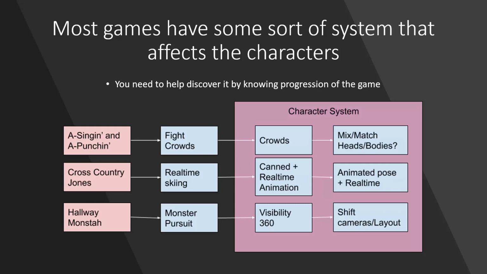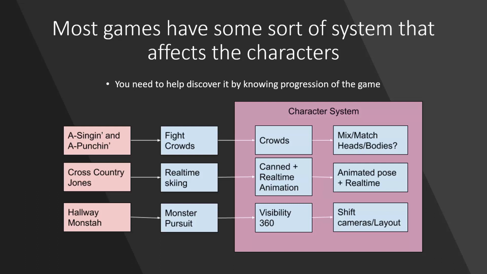Aha, well, it's cross-country skiing. Well, then we have a composite of canned animation in the upper torso and real-time calculation of the terrain from the torso down. So animated pose plus real-time. Those tests need to be in the game very soon. And it does not need a good-looking model, and it doesn't need custom animation to test anything out.